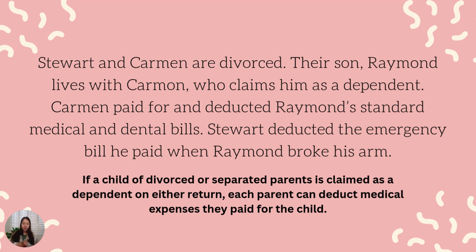However, if they transferred Raymond over, Stuart could possibly claim Raymond as a dependent. Because he could claim him as a dependent, he can deduct any medical expenses paid for the child.